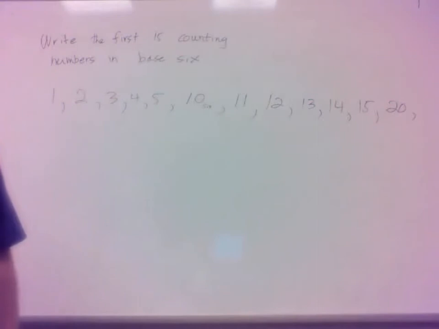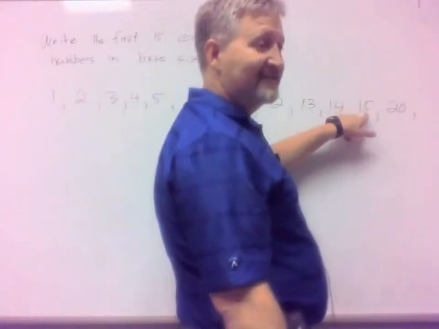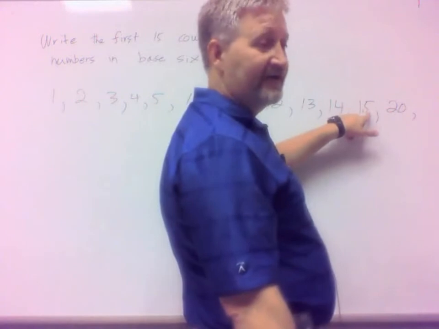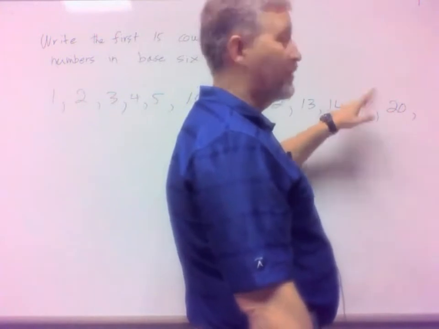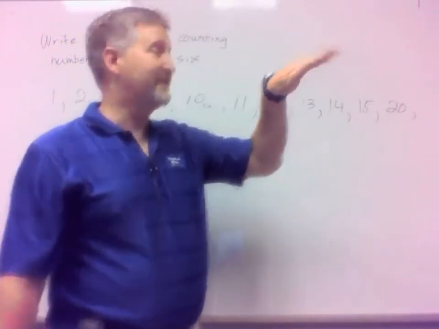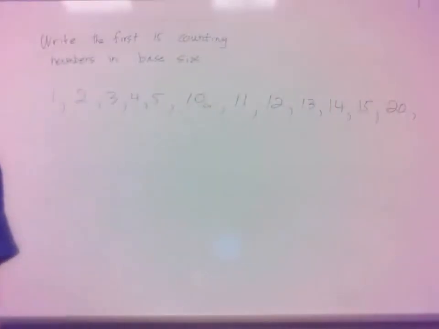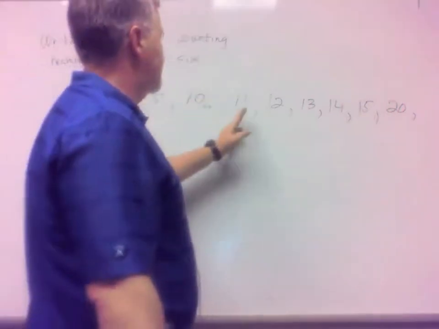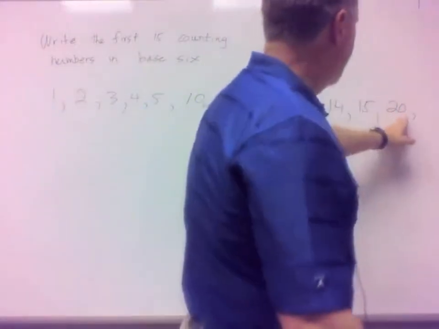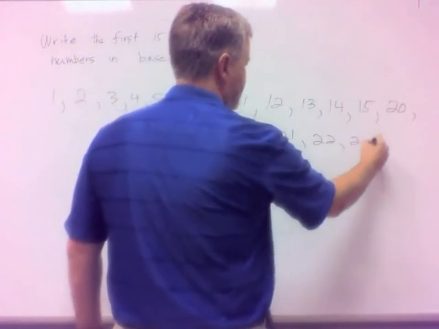Why do we go to 20 there? Because we can't do 1, 6. So we're basically maxed out here. So we got to go to the next level of 2-digit numbers, right? So we did our 10s. Okay. So now we do 20. Let's see. Have we got 15? 6, 7, 8, 9, 10, 11, 12, 13, 14, 15.